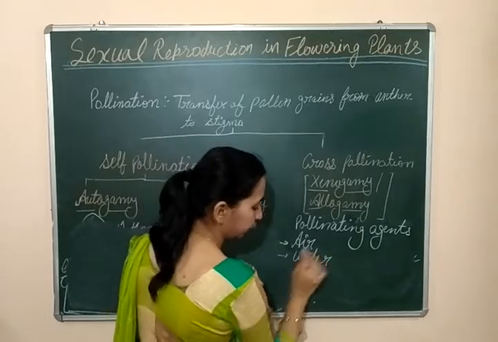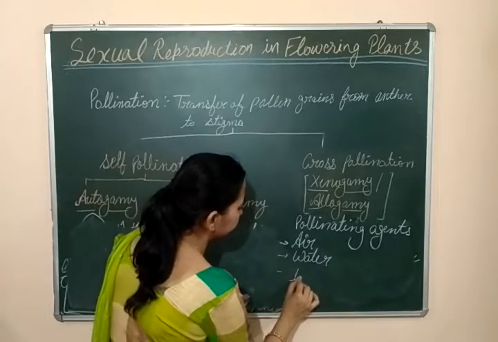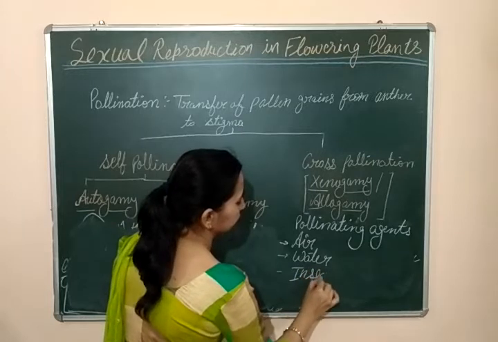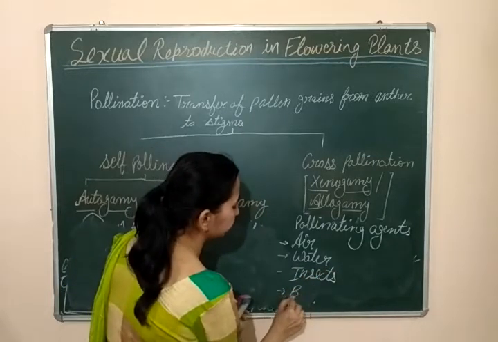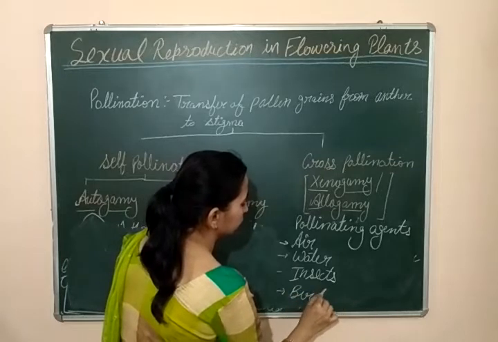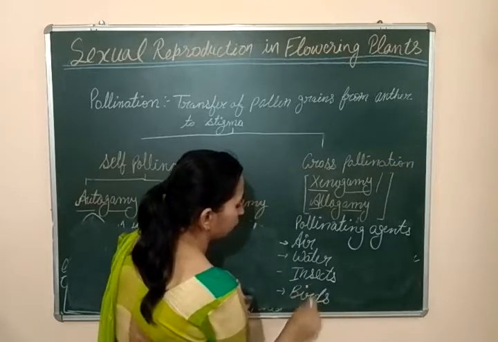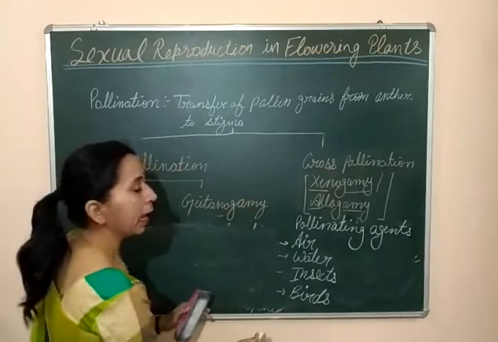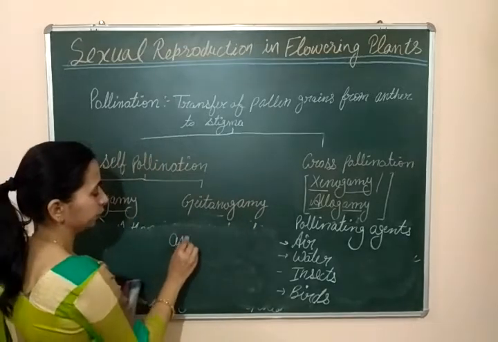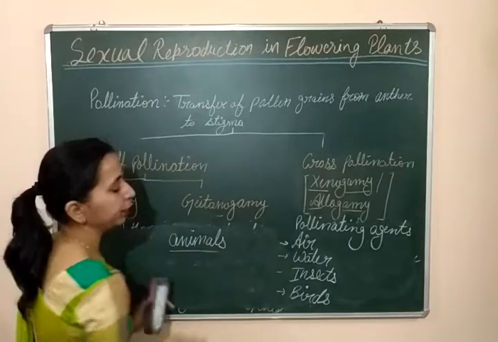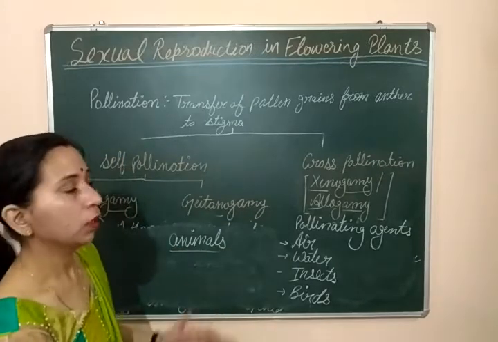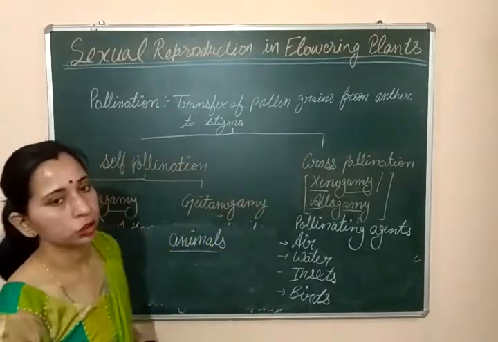It can be done by insects, or by birds, or by animals. These are some pollinating agents by which plants do their cross-pollination.